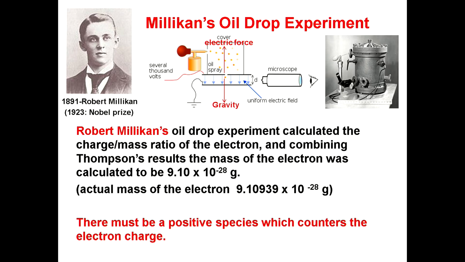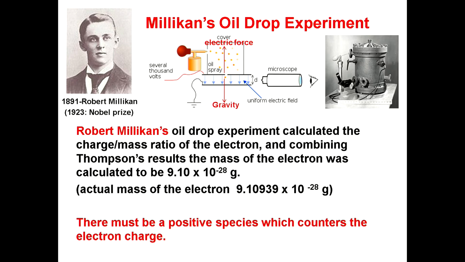It's called the oil drop experiment. So in this experiment, the oil drops have negative charges, and in this electric field we can change the volts of the field, and at one volt the oil drop will just stop here.